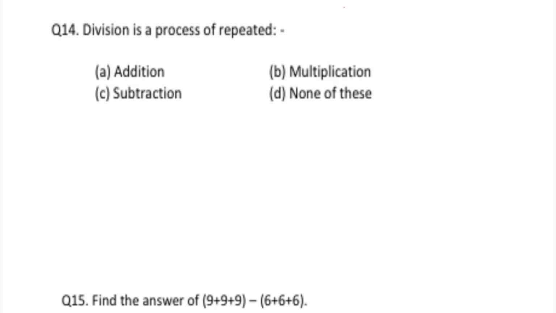Division is a process of repeated subtraction. We should know that division is a process of repeated subtraction. So if we divide 9 by 3, we say 3 threes are 9. Another method you can do is 9 minus 3 is 6.